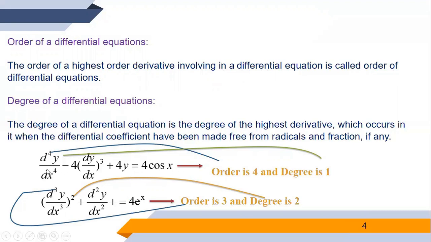So suppose this example is given: d^4y/dx^4 minus (dy/dx)^3 plus 4y is equal to 4 cos x. In this ordinary differential equation, because in this chapter we discuss only ODE, the highest order derivative term is this, whose order is 4.